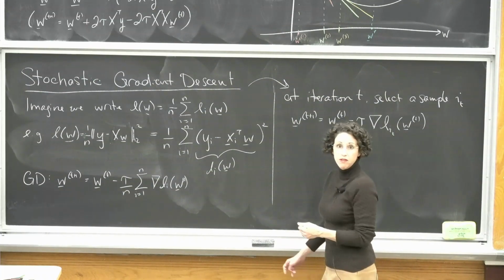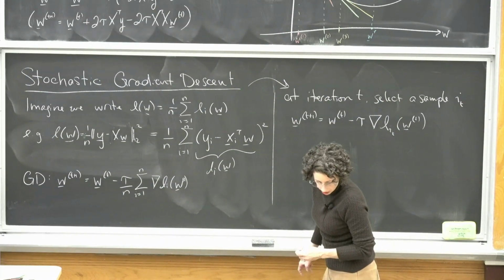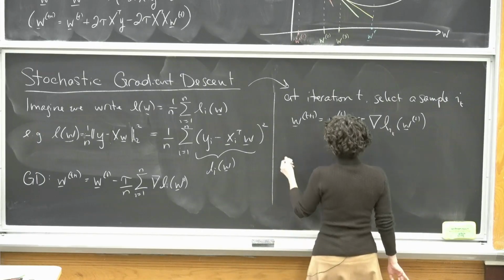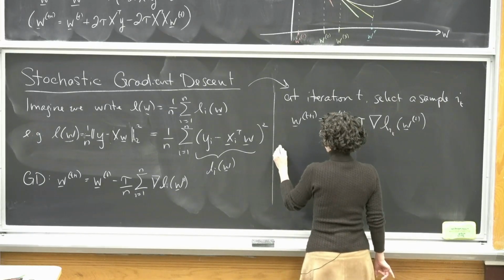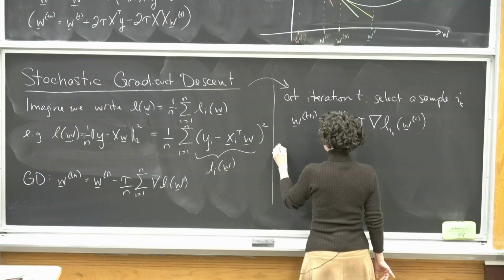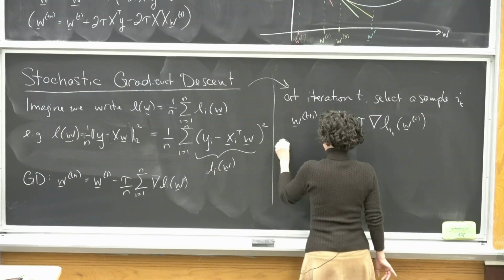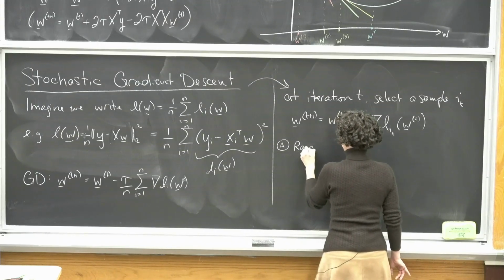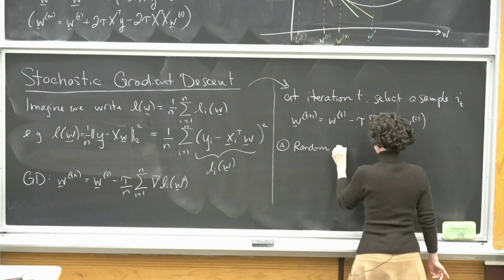And so there's a couple of variants of this. One version would be what I would call random permutations.